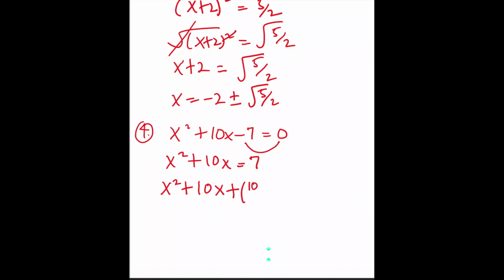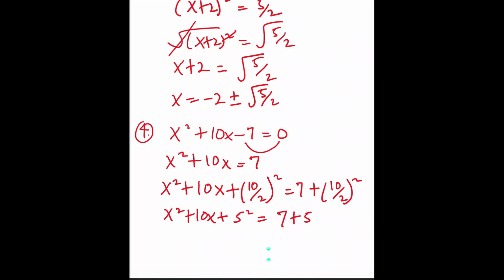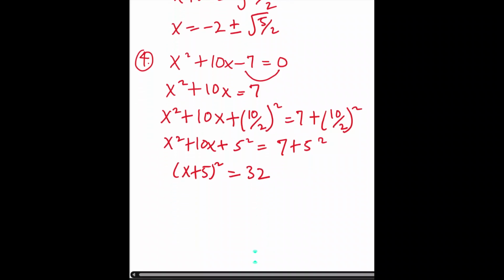So that'll be x squared plus 10x plus (10 over 2) squared is equal to 7 plus (10 over 2) squared. So that'll be x squared plus 10x plus 5 squared is equal to 7 plus 5 squared. So that'll be x plus 5 all squared is equal to 5 squared, 5 times 5 is 25, plus 7 is 32.